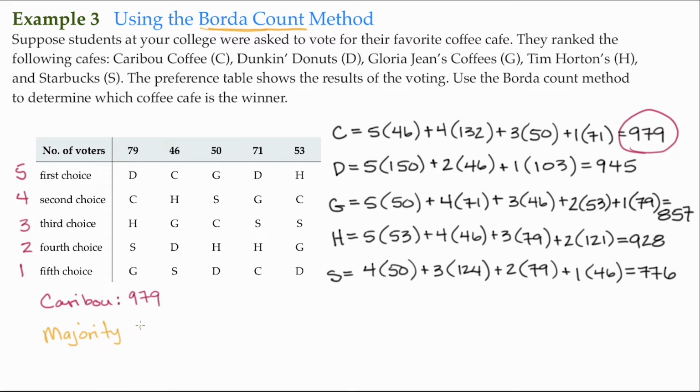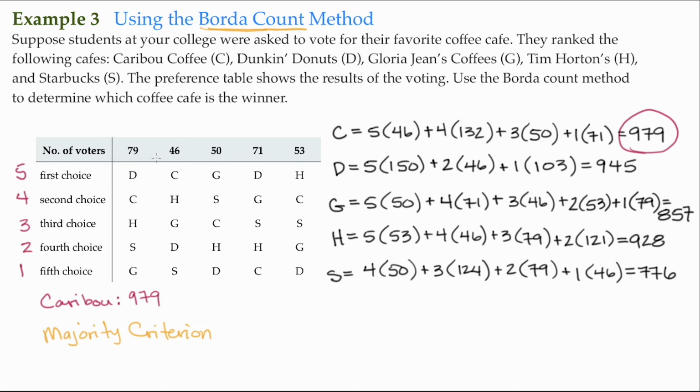The majority criterion. And what the majority criterion states is that if a candidate receives a majority of first choice votes, then that candidate should win. And that seems almost intuitive to us. Whoever gets the most first choice votes should win.